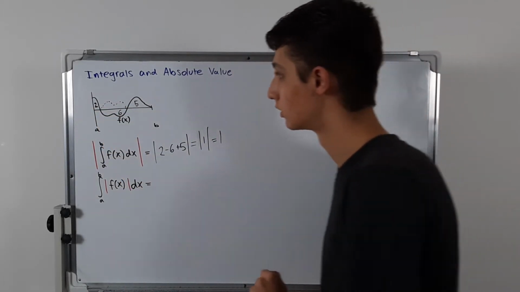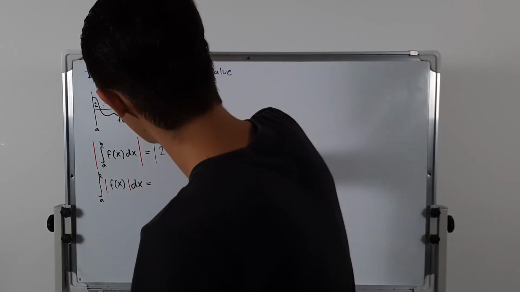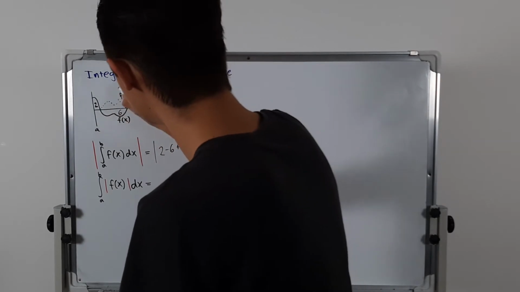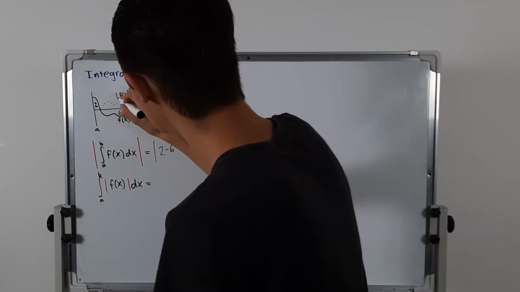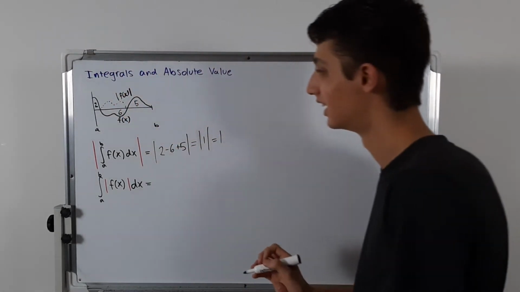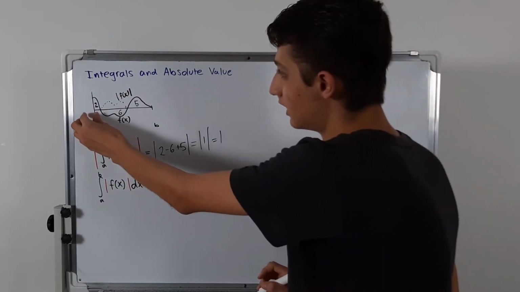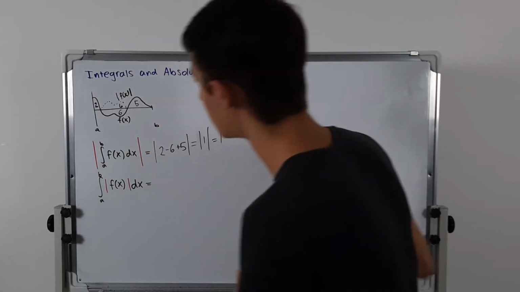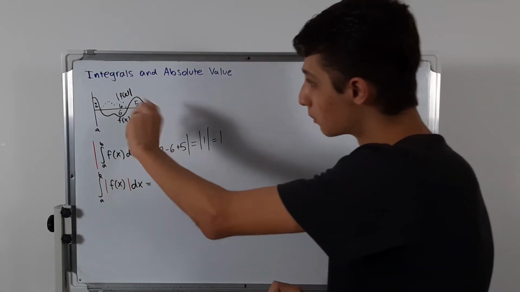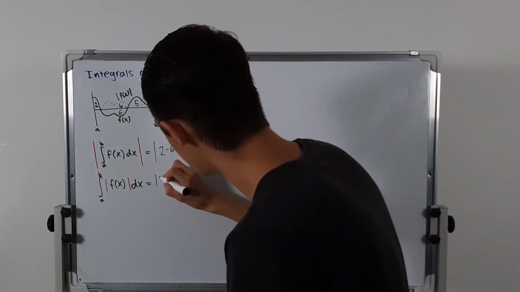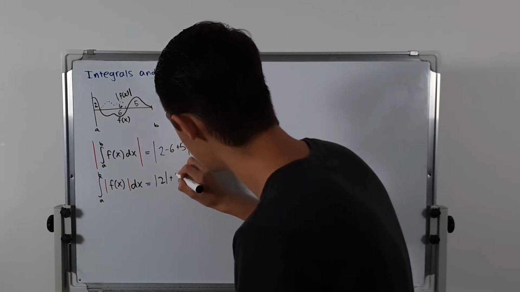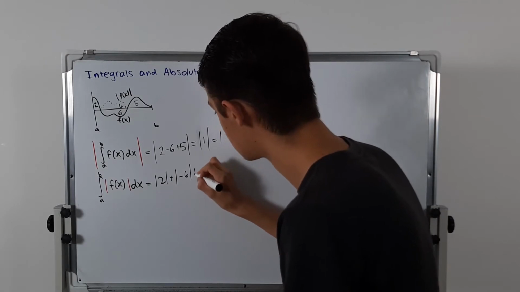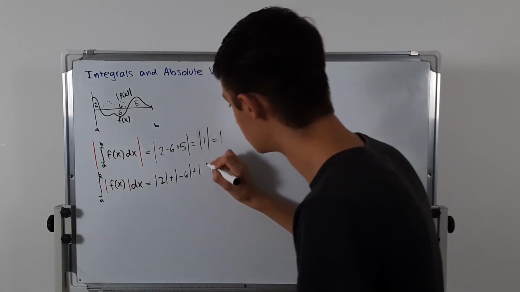So let me label this as the absolute value of f of x. The way we would do this is we would just take each portion, right? Because this is also 6, but it's positive. So we're just going to say, well, it's the absolute value of 2 plus the absolute value of negative 6 plus the absolute value of 5.